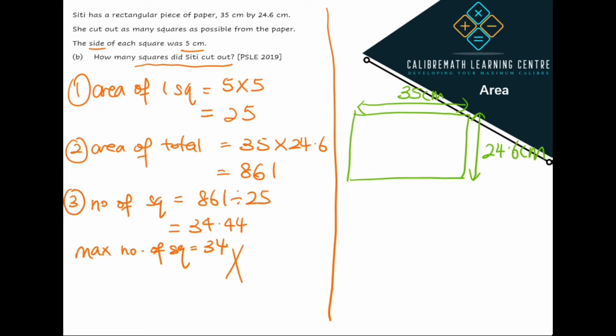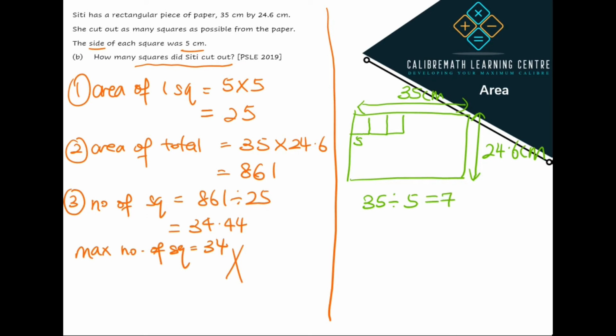And then CT wants to cut as many 5 cm squares as possible from the paper. So this is an example of a 5 cm square, and she's going to cut as many as she can for the length. So if you want to find out the maximum number of squares that she can cut from the length, you can use 35 divided by 5, and that gives you a maximum of 7.